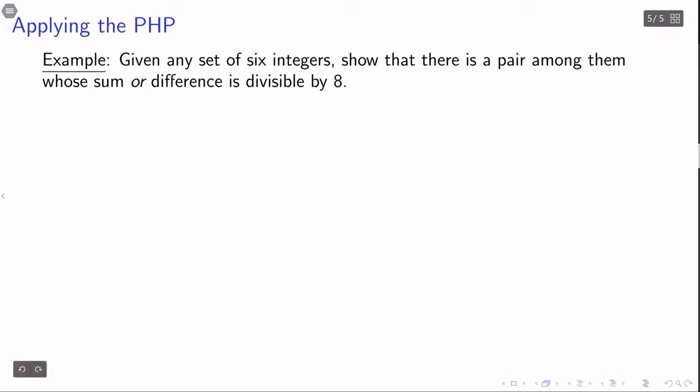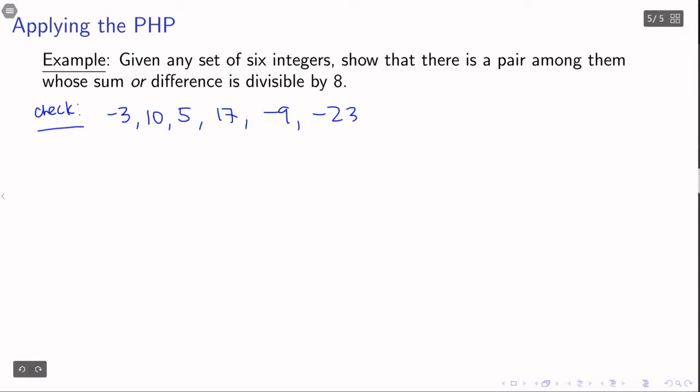So again, you can check if you want. Take any 6 integers. So let's see, -3, 10, 5, 17, -9, -23, oh, and that's 6.